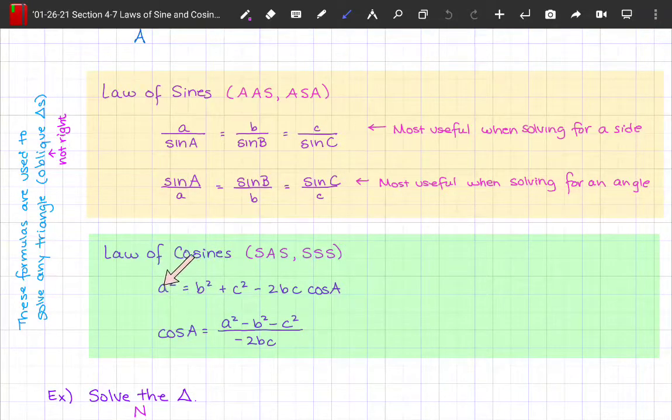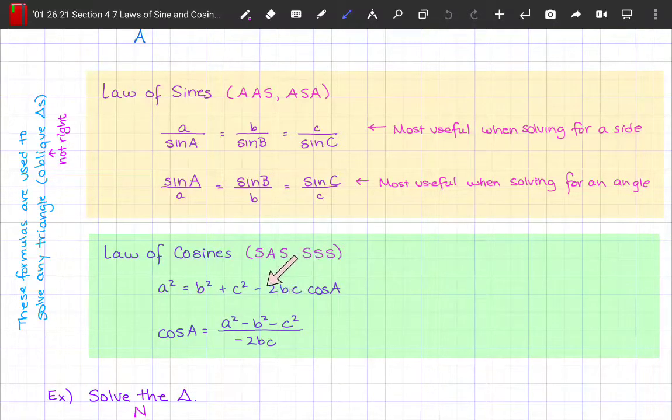Now, honestly, I would just memorize this version right here, this formula. This is solved for the side, though, so it's definitely going to be easier to use when solving for a side. If you're solving for the angle, then you may want to rewrite this solved for the angle. Don't try to memorize this. Just take this equation and isolate the cosine A. So we'd have to subtract off these two terms. So we'd have a squared minus b squared minus c squared. That's the numerator.